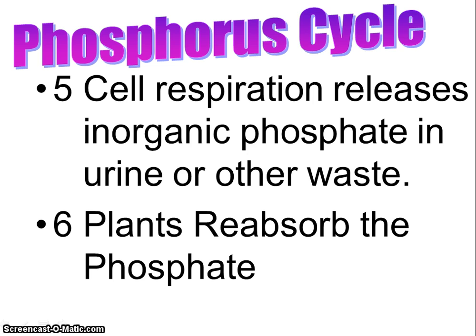I just want to point out that phosphate does not have a gas phase. It is only recycled if the waste containing it is deposited on the soil from which it came. Naturally, urine, waste, and detritus are deposited in the same area, so recycling does occur quite efficiently. However, humans have been extremely prone to interrupt this cycle, especially when we cut down the tropical rainforest.